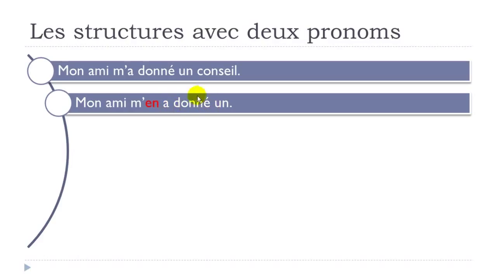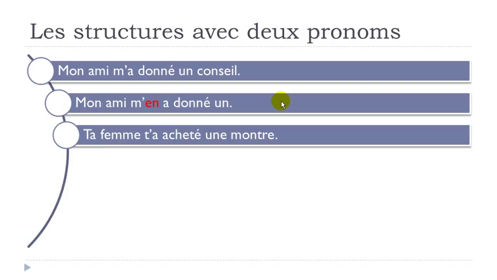Okay, so you've got two parts because it's composed. All right, so first you've got avoir and then you've got this participe passé form. Okay, but it's only one verb. All right, that's the reason why you put first your pronoun here, me, and then you put this second pronoun en before avoir, okay, because this is the verb here. So you get mon ami m'en a donné un.